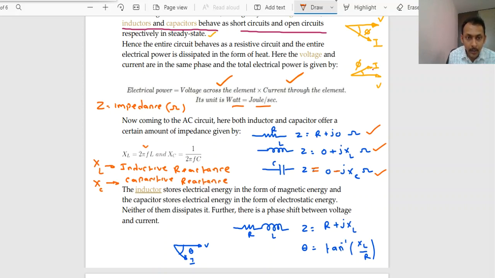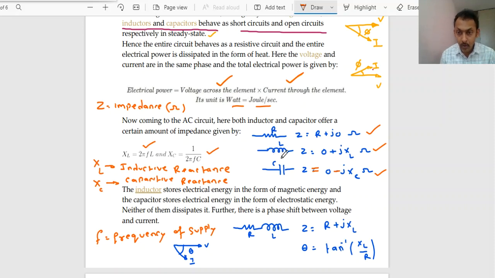Now XL is given by 2 pi FL and XC is given by 1 by 2 pi FC, where F indicates the frequency of the supply. For the Indian system, it will be 50 Hz, right?